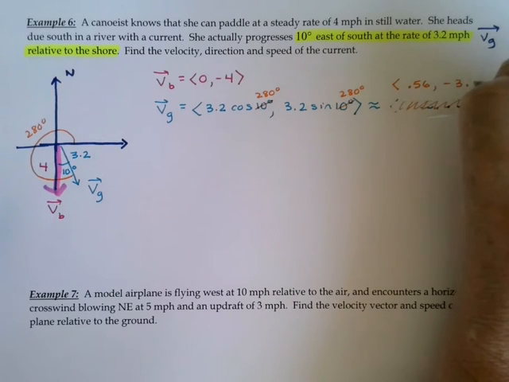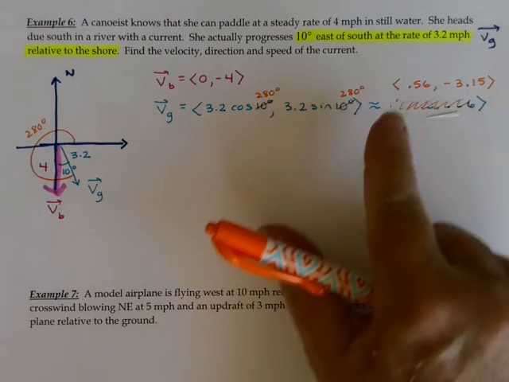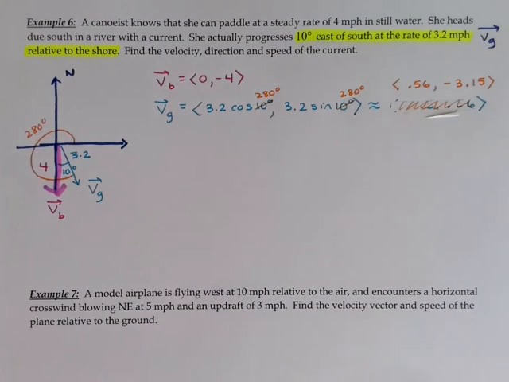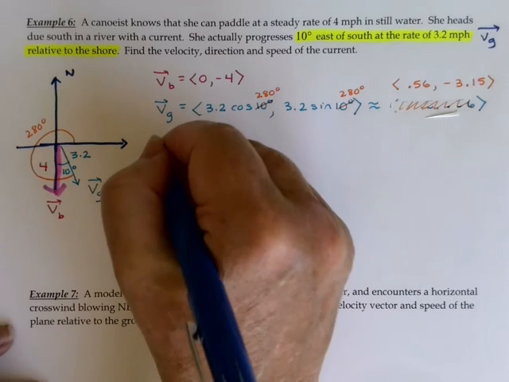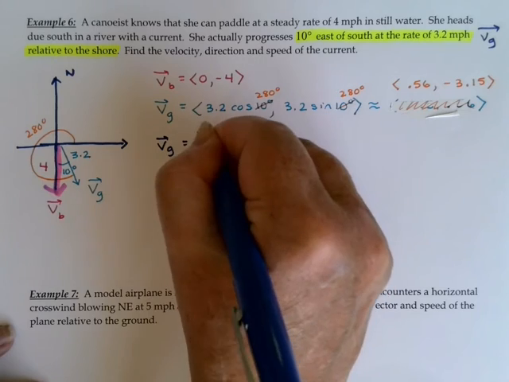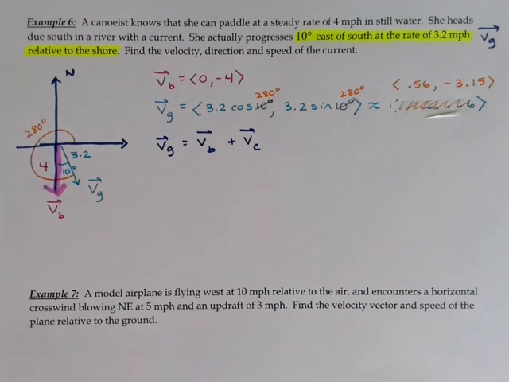That looks a whole lot better. We've now got a small positive x value and a larger negative y value. That makes sense. All right, so I know that VG has to be the velocity of the boat plus the velocity of the current, which I don't know yet.